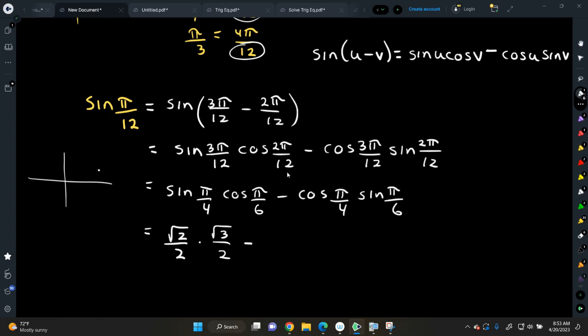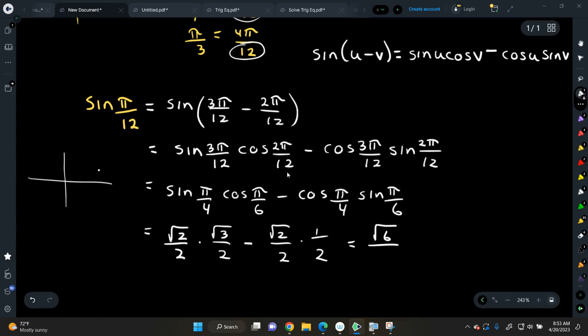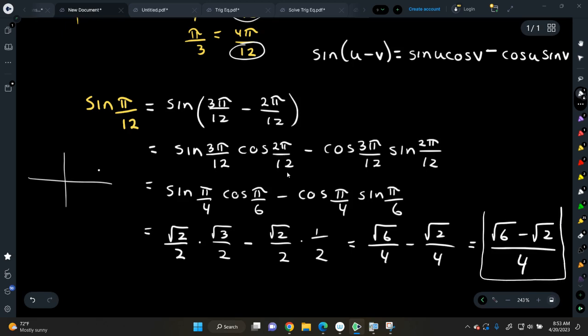Minus the cosine of pi over 4, which is root 2 over 2, times the sine of pi over 6, which is 1/2. So we get root 6 over 4 minus root 2 over 4, which is root 6 minus root 2 over 4.